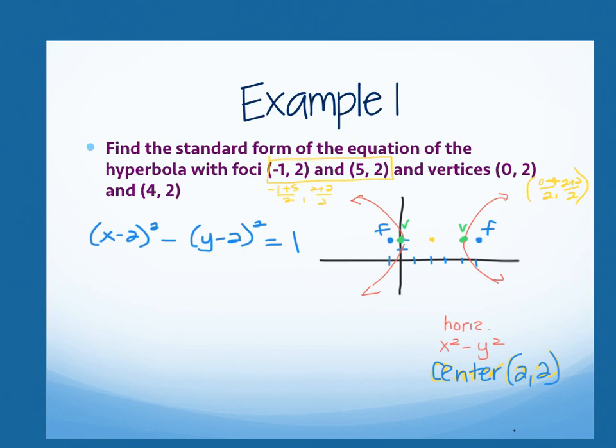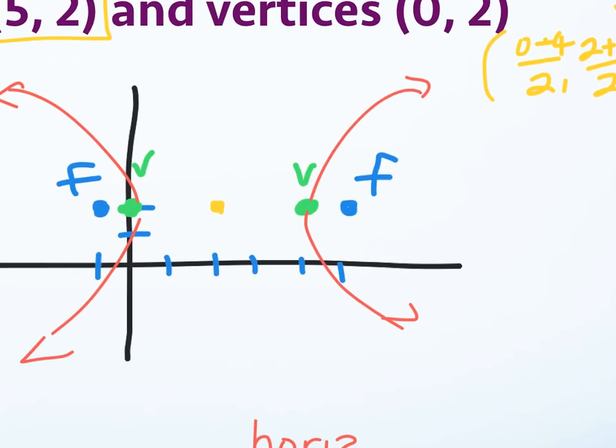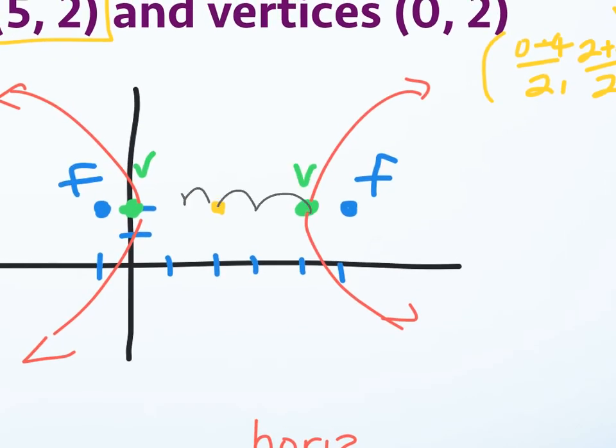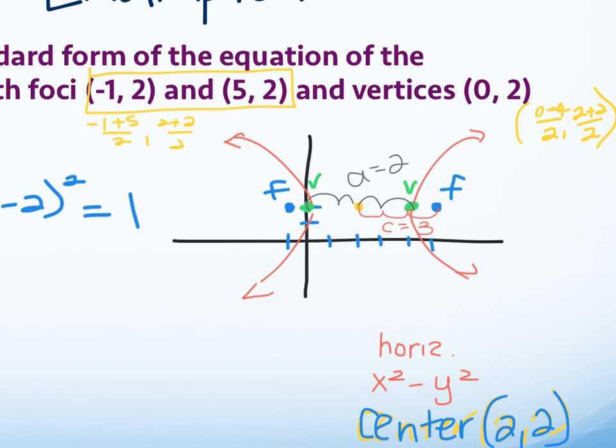Okay, so now I need A and B. A is the distance between the center and the vertex. So A is 2. B is not on my graph, but the other piece of information I have is what the foci is, right? Or the focus. Distance from the center to the focus is C, which is 3.